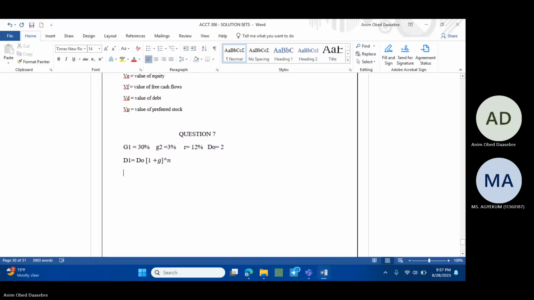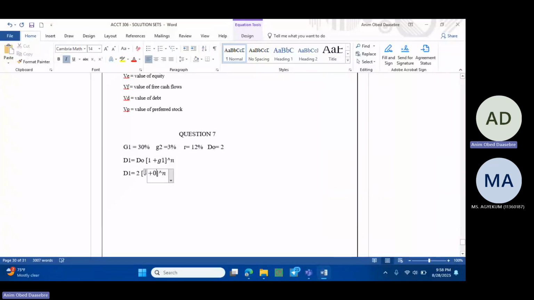So our D1 is equal to what? D naught is 2 cedis. The growth rate is G1.